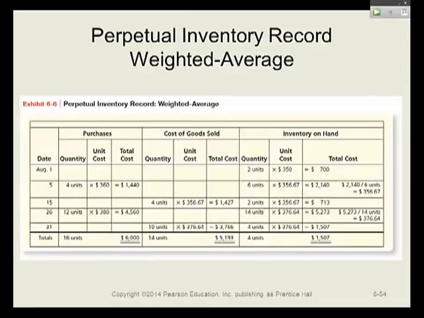I just want to make that clear: you only change the average cost when you have a purchase. You do not change the average cost when you sell. The average cost is used to value cost of goods sold, but it does not change when you sell, because you didn't add to that average at all.